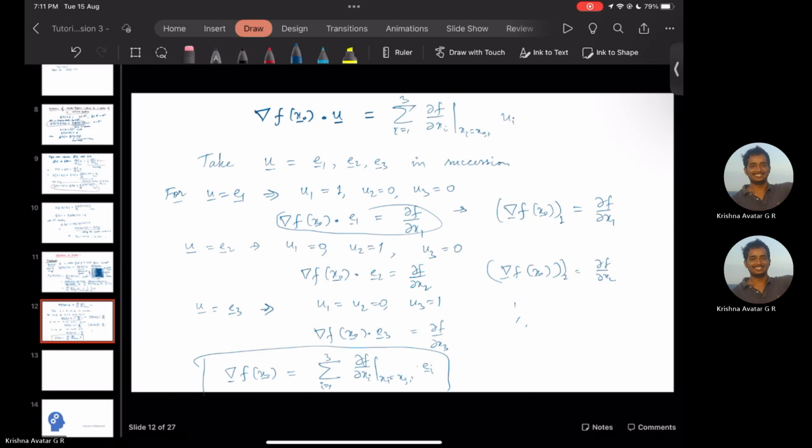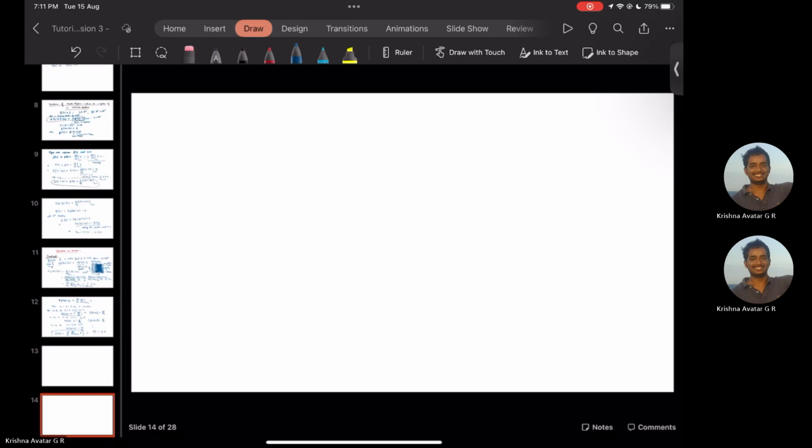So now you understood the meaning of gradient, and in terms of indicial notation, we can also write grad f vector is equal to f comma i, where comma indicates partial derivative, into ei vector. Fine. Now what if f is a vector?